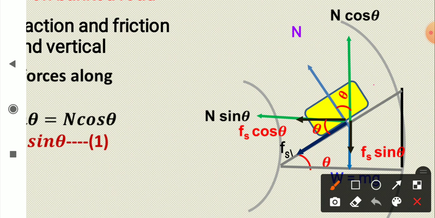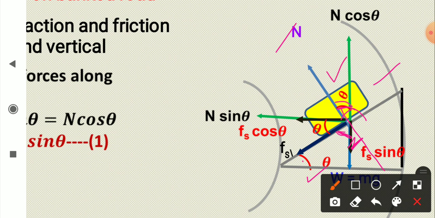See, the car is on this banked road. The angle of banking is theta, and this is the normal reaction. Normal reaction is perpendicular to the road, and if this angle is theta, then this angle will be 90 minus theta, and if I produce this way, this angle will be theta, and this is vertically opposite, so this is also theta, right?